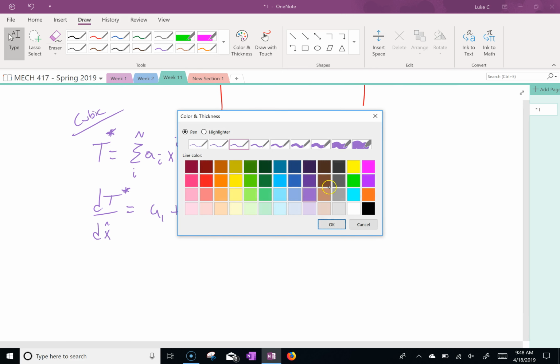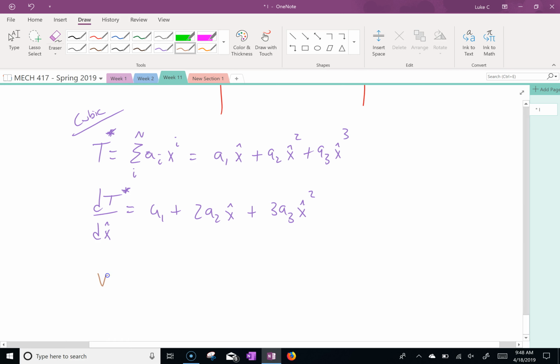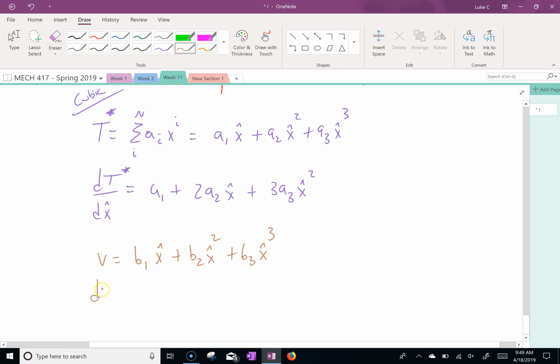Okay, now we need to pick a function for v, and let's do cubic, but different constants. And then we need to know the derivative of v with respect to x. So B1 plus 2B2 x hat plus 3B3 x hat squared.